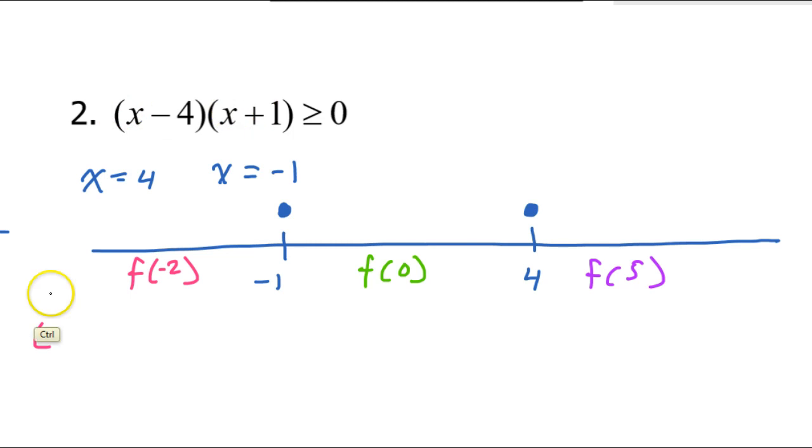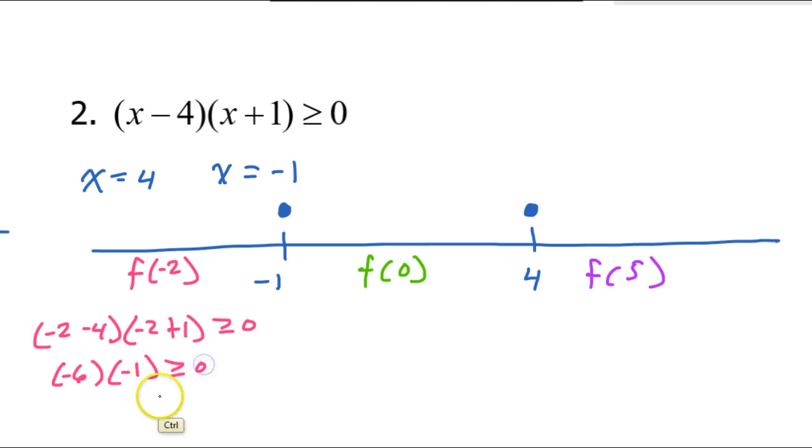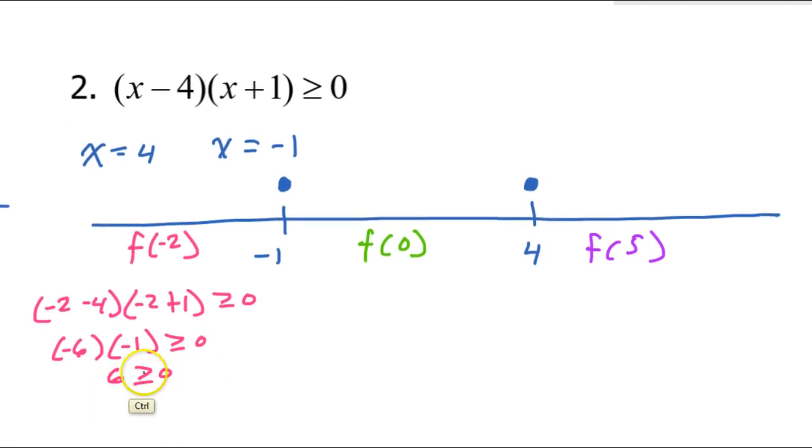So substituting in -2, that would be -2 minus 4, -2 plus 1. And is that greater than or equal to 0? So this would be -6 times -1. So that would be +6, and that is greater than or equal to 0. That's a yes. So that means I have solutions in this interval.